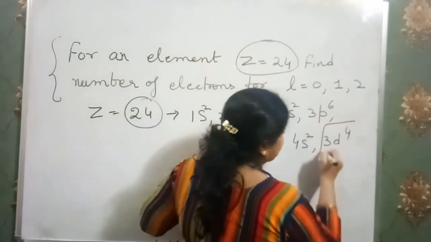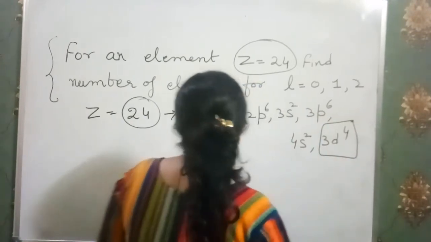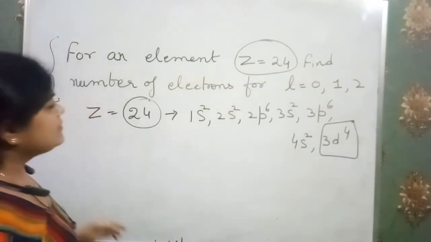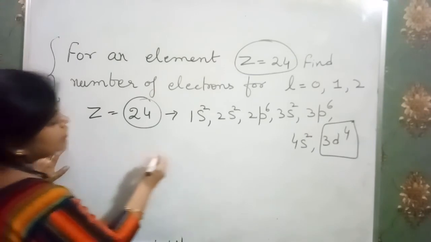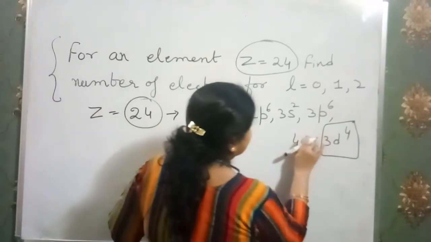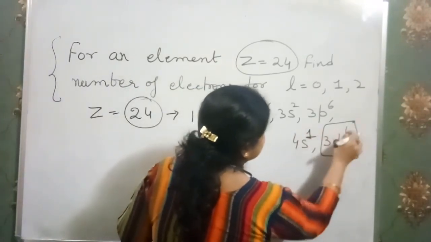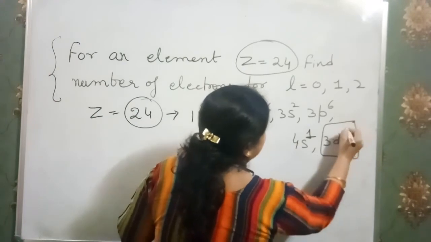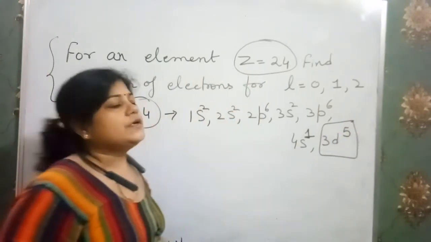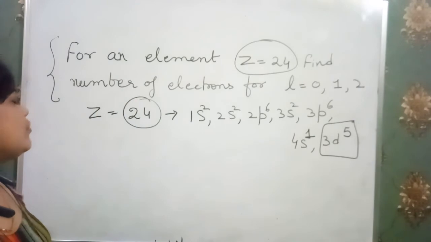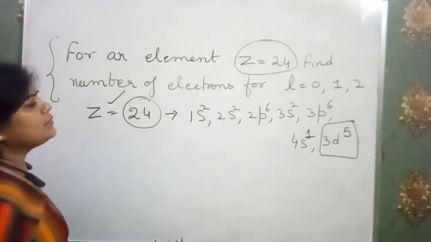But 3d4 is unstable, so our final electronic configuration, I am just writing over here, is 4s1, 3d5. Clear? Now this is the electronic configuration of the element with atomic number 24.